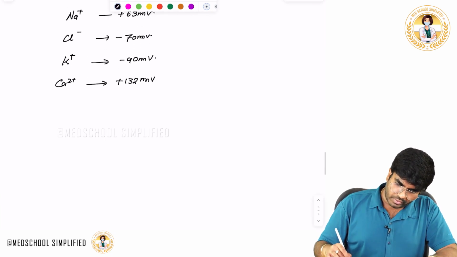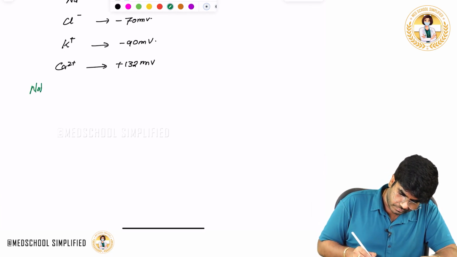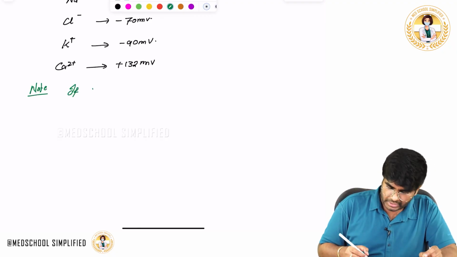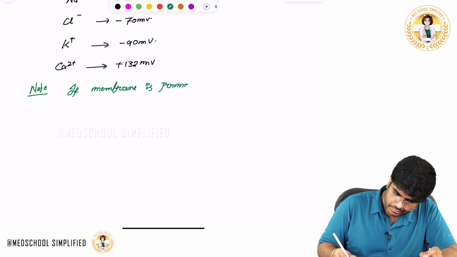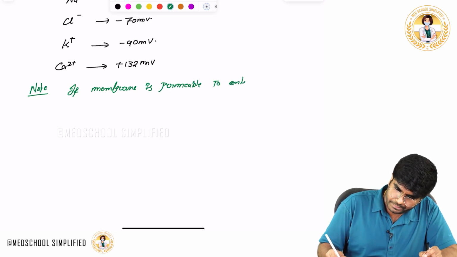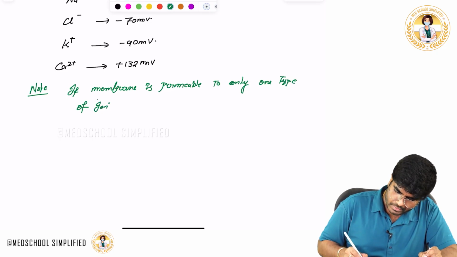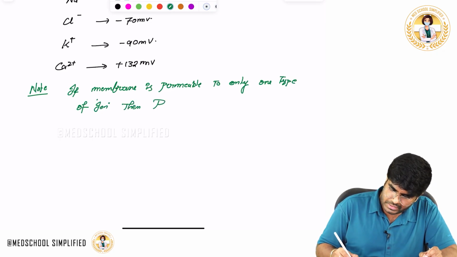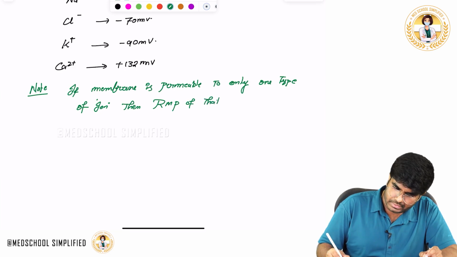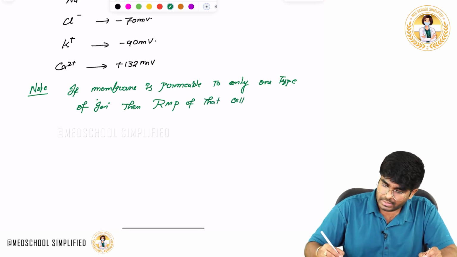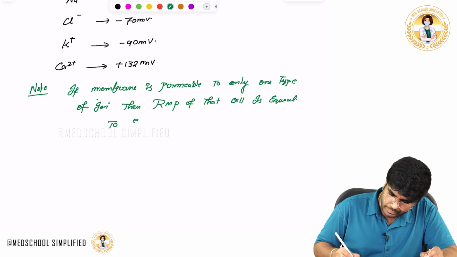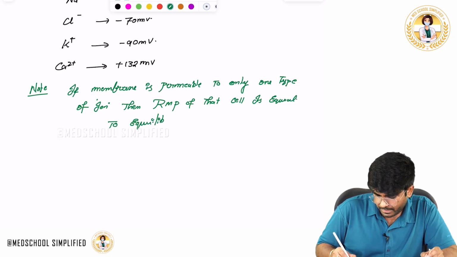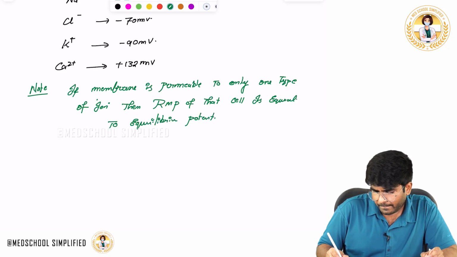So again I am writing here the important point which I want you to know. Note, if hypothetically the membrane is permeable to only one type of ion, then the resting membrane potential of that cell is equal to the equilibrium potential of that ion.